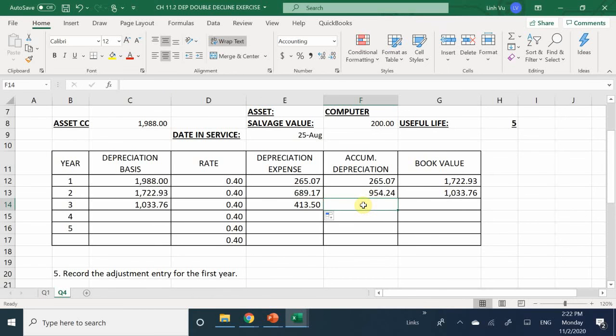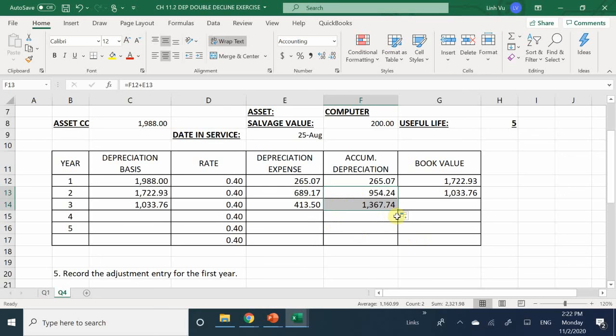And now I have the 954.24 plus the 413.50. So that is the new accumulated depreciation value of $1,367.74.